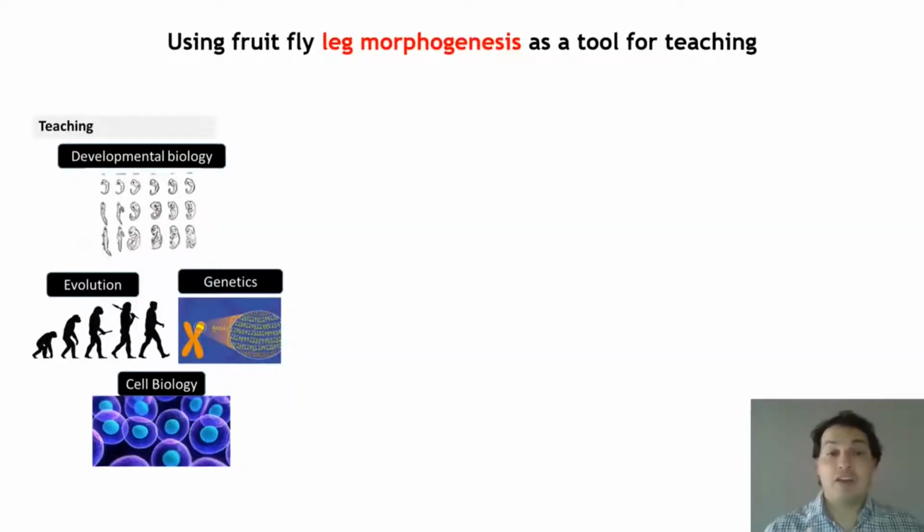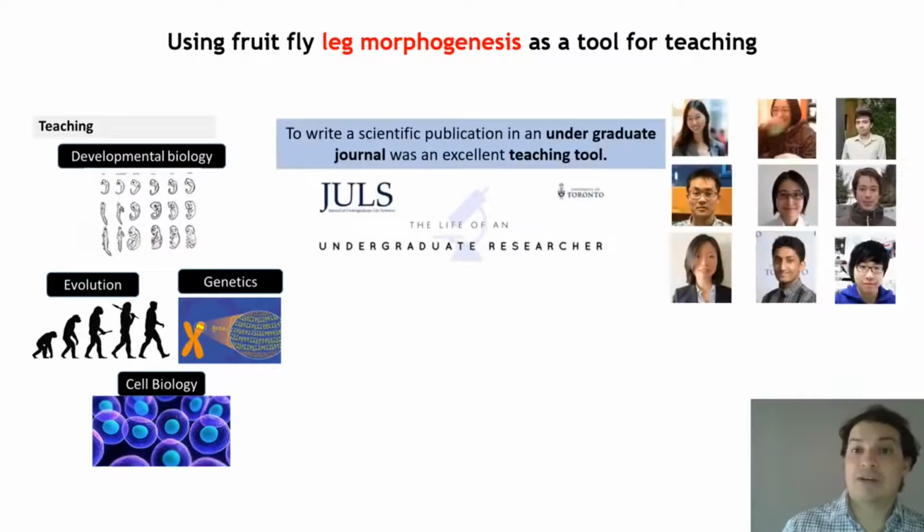Finally, to finish, I found that when my students are involved in these research projects, in addition to developing transferable skills, they're able to have a deeper understanding of fields like developmental biology, evolution, genetics, as well as cell biology. And I'm really in favor of allowing my students to write their own publications.